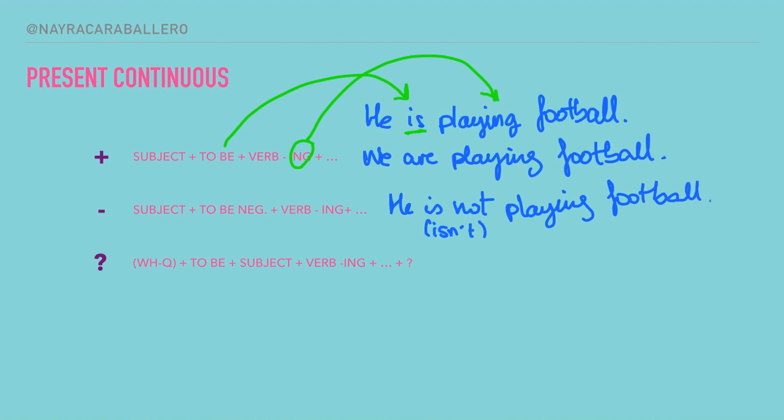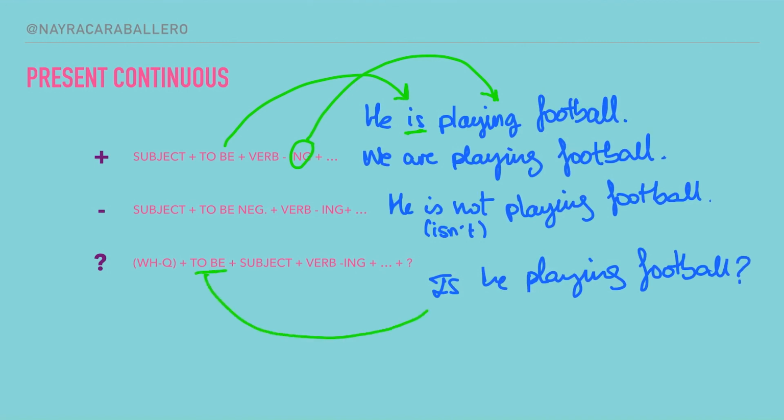And in the question form, following this structure, it would be, is he playing football? To be verb is here, subject here, and verb ending in ing here.